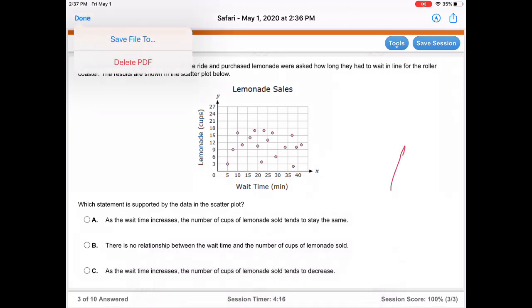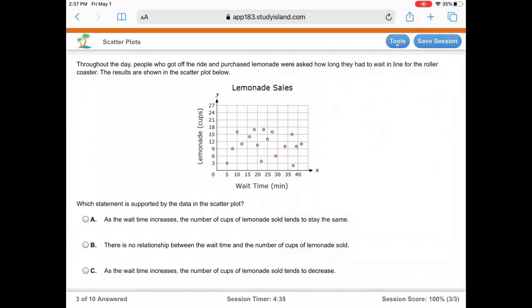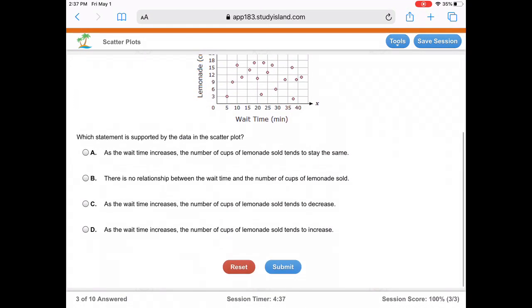So let's go ahead and take a look at the options and see which one matches that. And here it is, B: there is no relationship between the wait time and the number of cups sold. And that's a possibility when you're dealing with scatter plots. Not everything is related to other things. Just an easy example, you can talk about your hair length compared to your grade in math class.